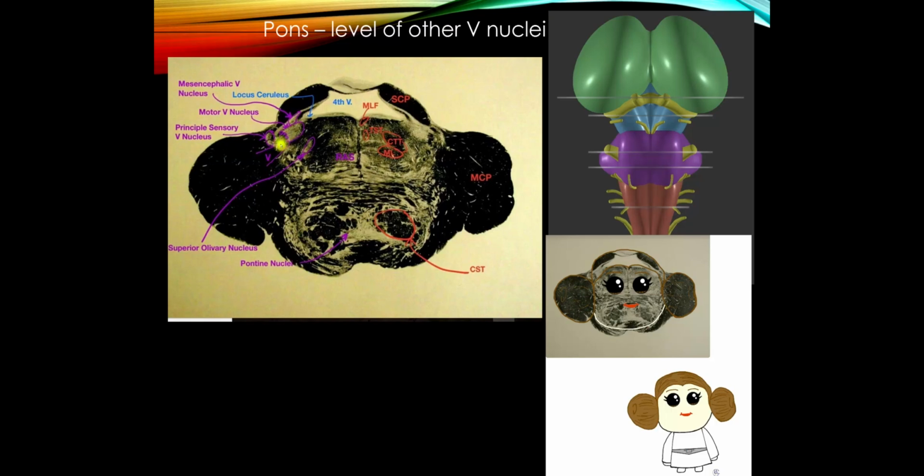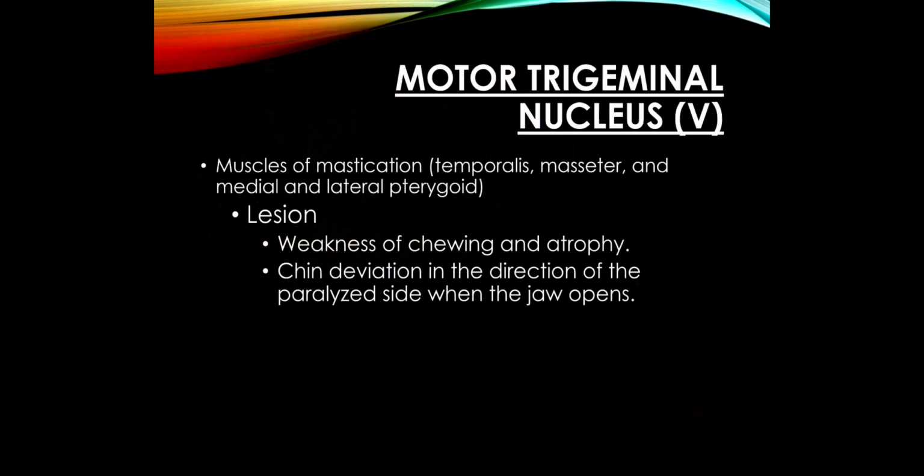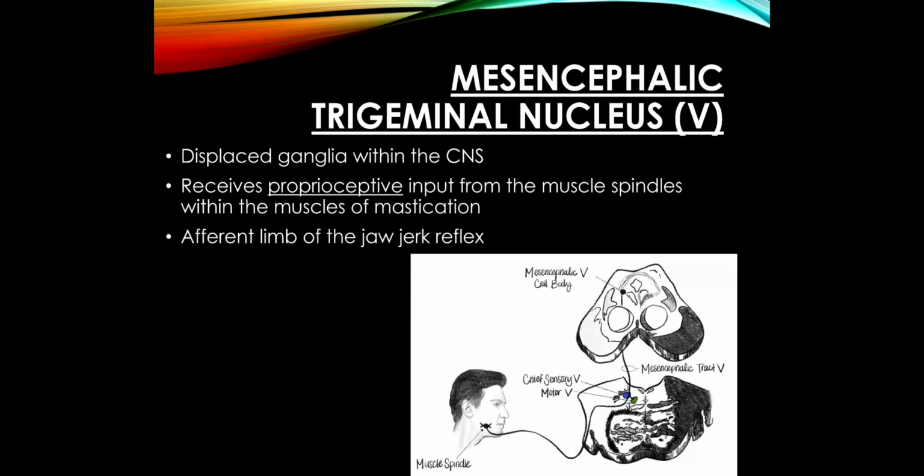Okay, so we mentioned the corneal reflex is mediated by the principal sensory trigeminal nucleus. The jaw jerk reflex is mediated by the mesencephalic trigeminal nucleus, and I have a picture here to show you what that looks like. Okay, so we already talked about the jaw deviation and weakness that you can get with a lesion of the motor trigeminal nucleus.